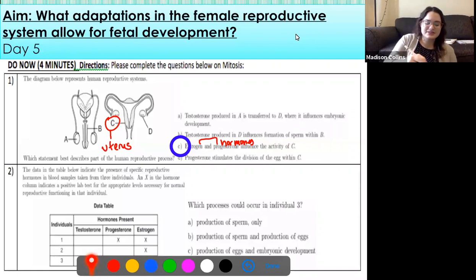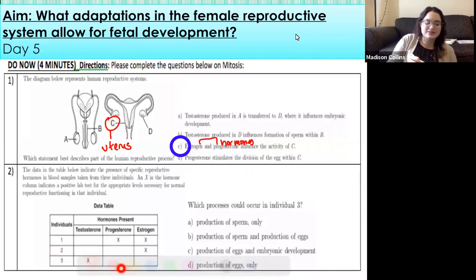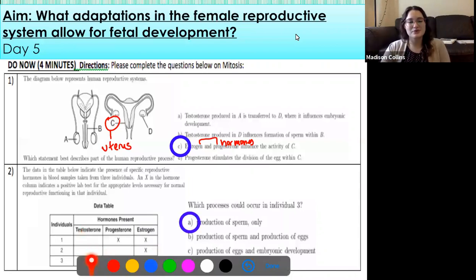For this example, we only need to look at the last row of this data table, looking at the blood samples of individual 3. We see that they only have one hormone present, and that is testosterone. So using that information, we could figure out that the production of sperm is going to occur in individual 3, because testosterone is that male hormone that influences the production of the male gamete known as sperm.